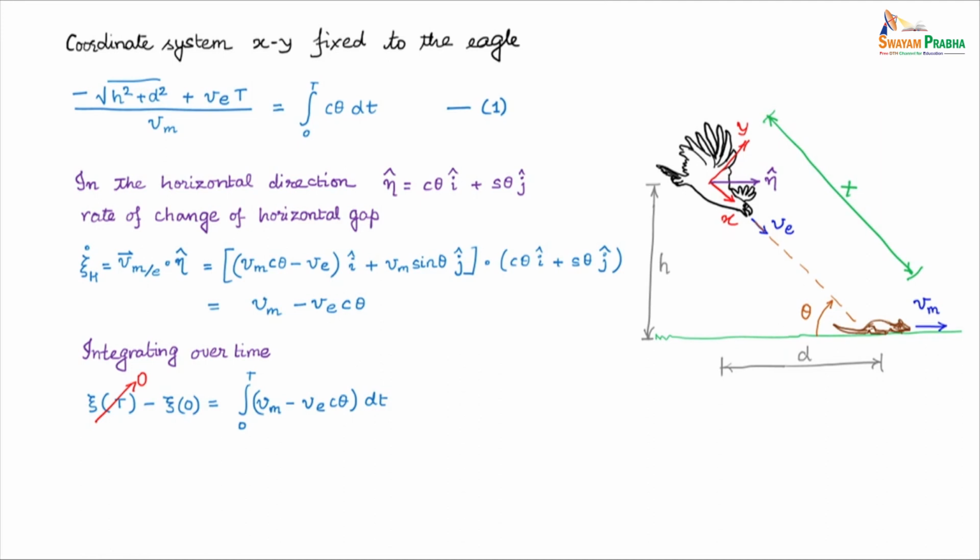V m is a constant, V e is a constant, therefore those will come out of the integration. The only thing I am left with is the integral of cosine theta dt from 0 to t.